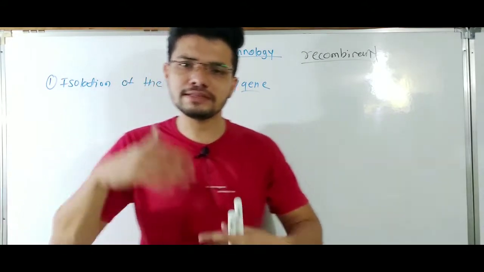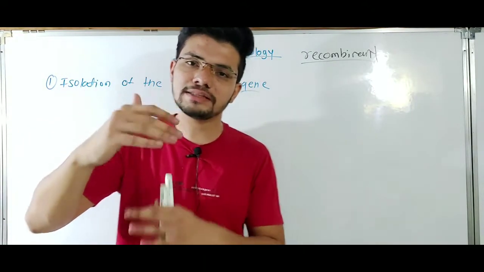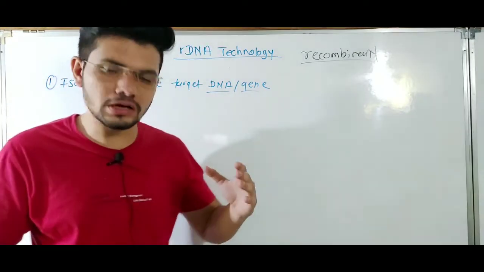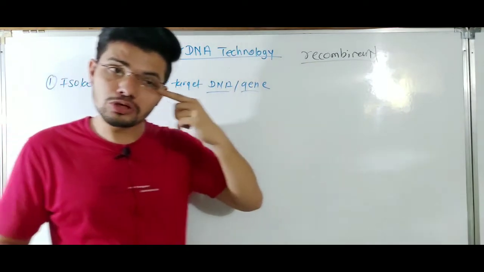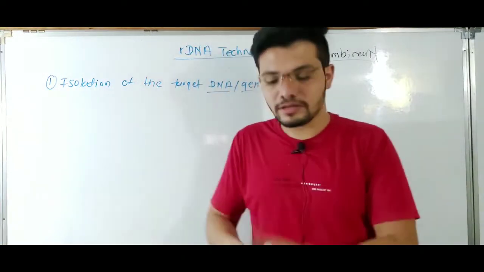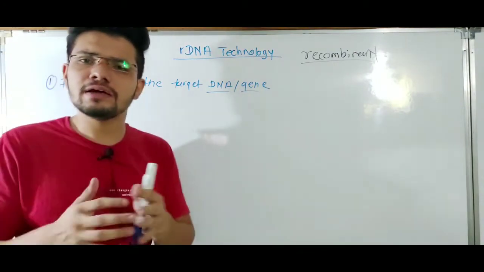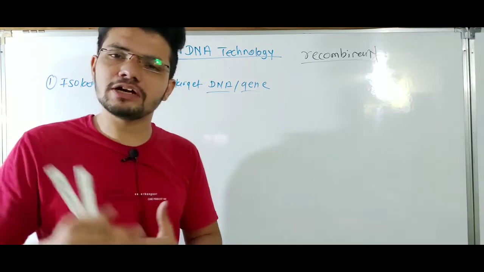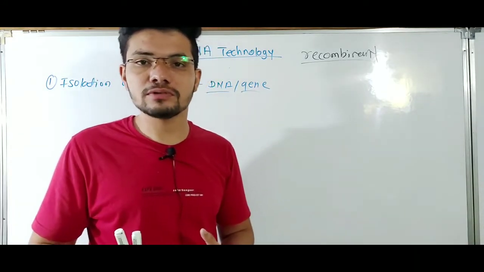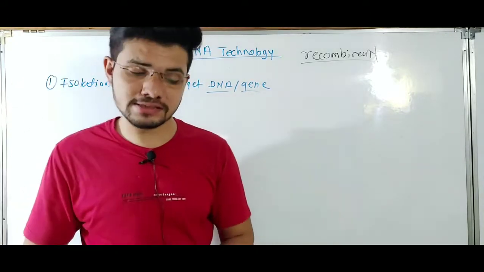Suppose in this lecture we take the example of insulin production by rDNA technology. Insulin is a very important hormone which controls our blood sugar level, so it does not exceed its limit.